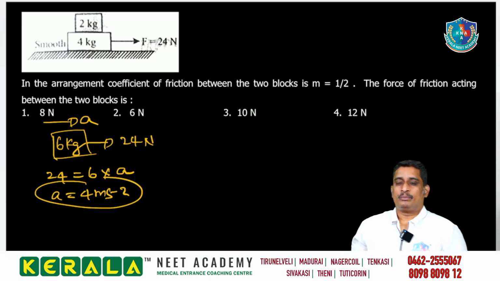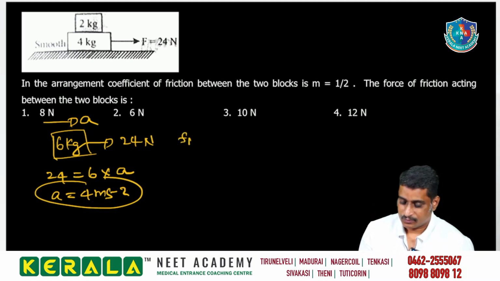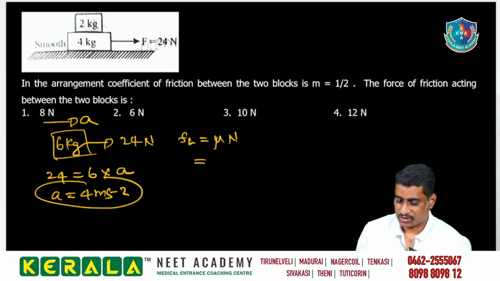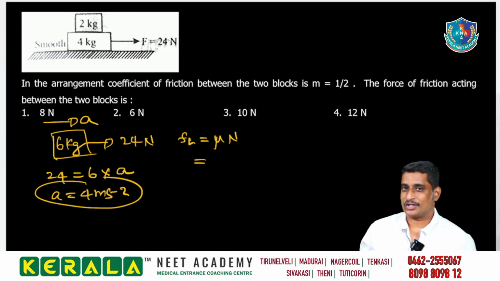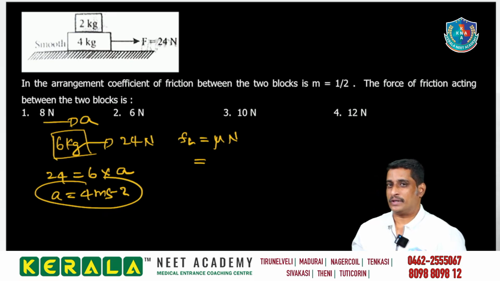Okay. Before we find out the frictional force between these two blocks, first of all, let us find out the limiting friction that can exist between the two blocks. Limiting friction between the blocks will be given by mu into normal force. Relating to calculation of normal force, several times I have seen students express one doubt.